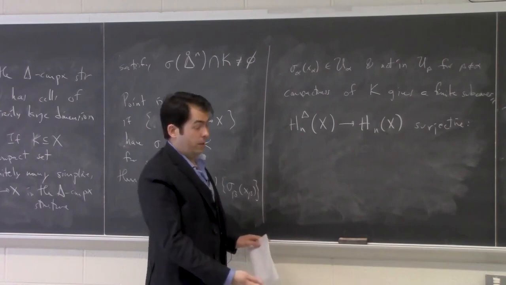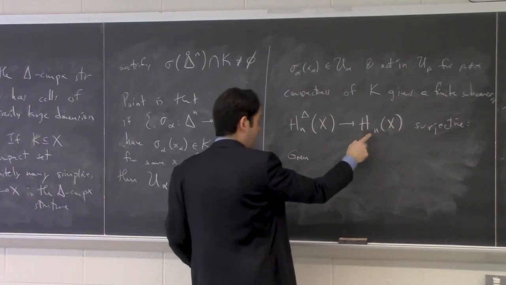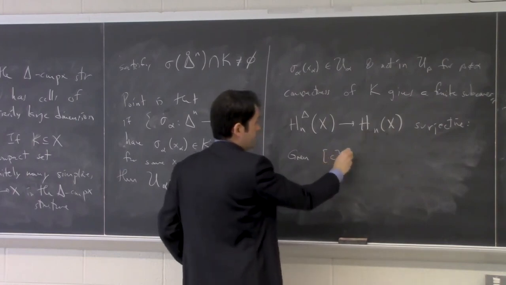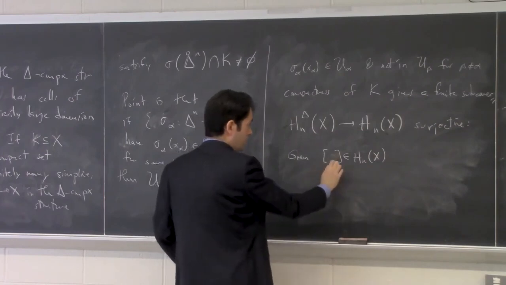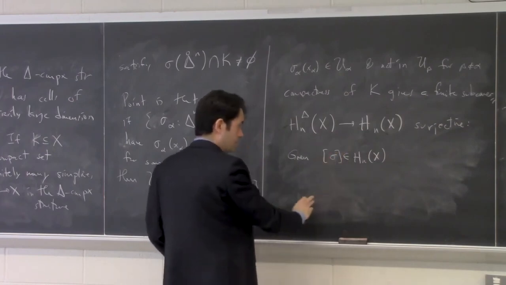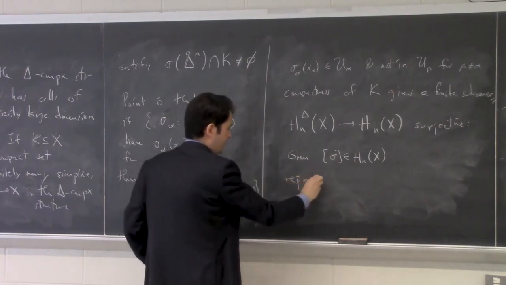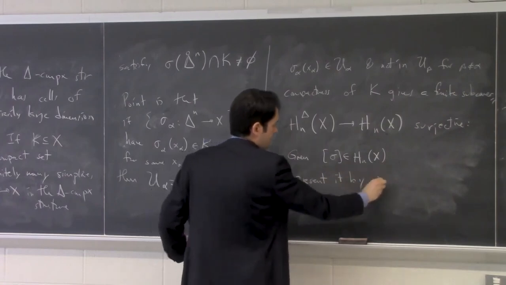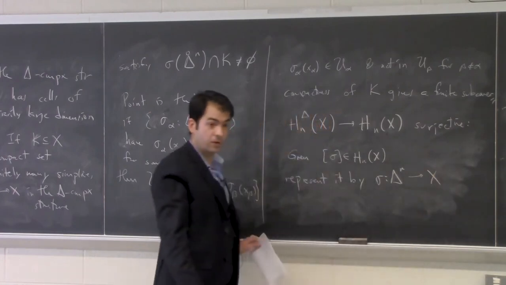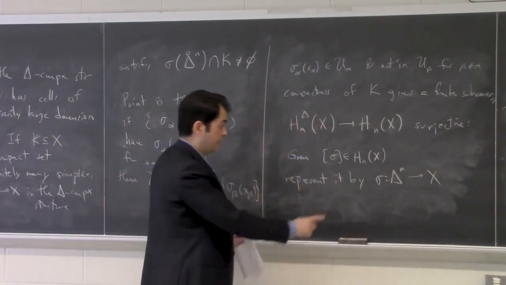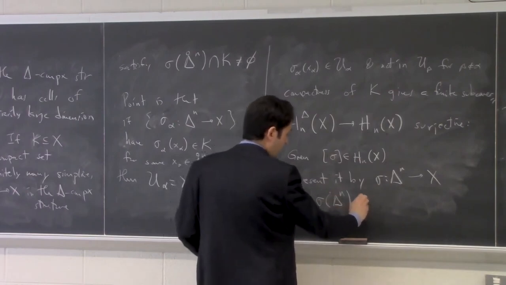Given a class in here, you represent it by a singular n simplex, and then the image of this is a compact subset.